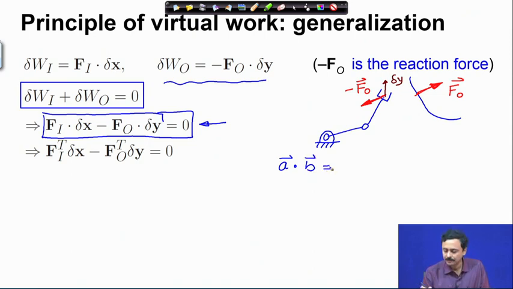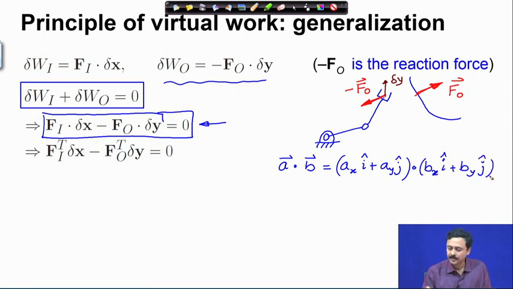A dot B is nothing but A x i cap plus A y j cap dot B x i cap plus B y j cap, and as you know, this is A x B x plus A y B y.